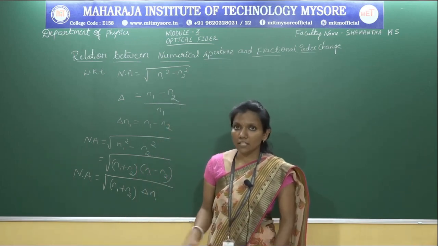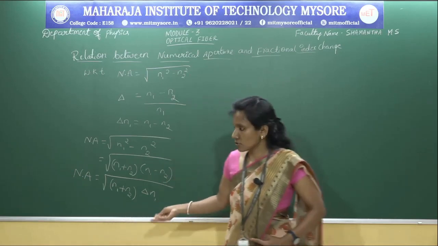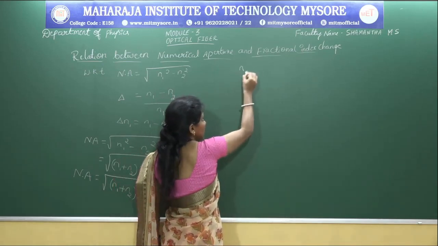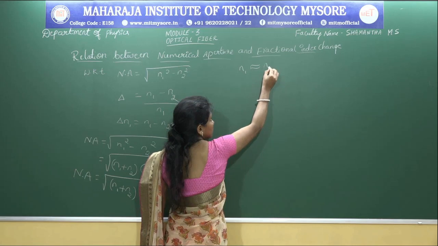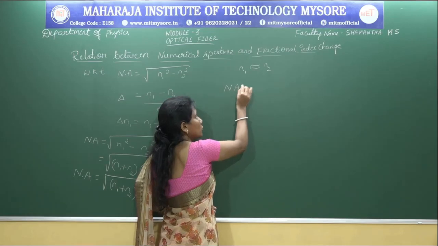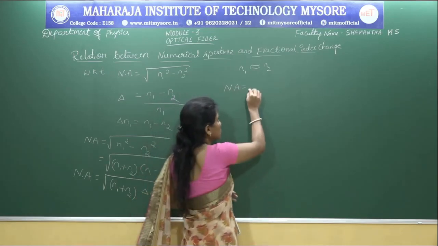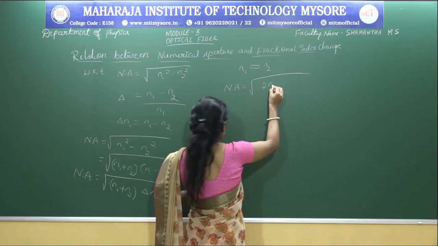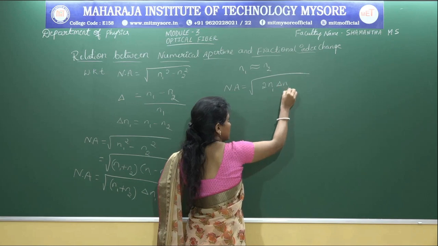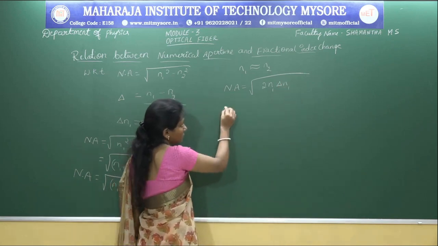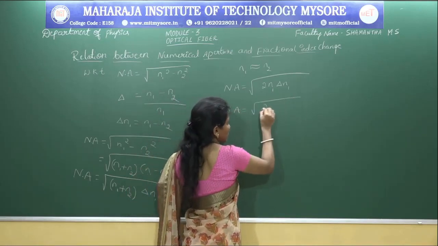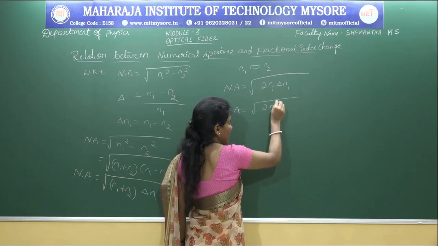Suppose n1 is nearly equal to n2, then this equation becomes numerical aperture is equal to root of 2 n1 delta n1, which becomes root of 2 n1 square delta.